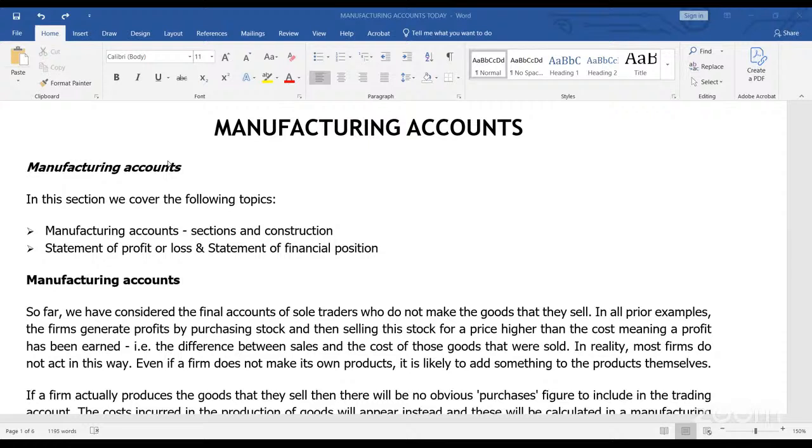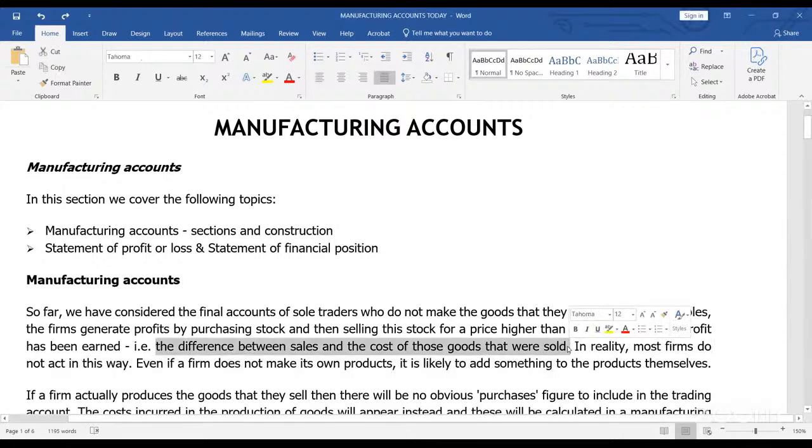Profit is the difference between the sales and the cost of the goods sold.